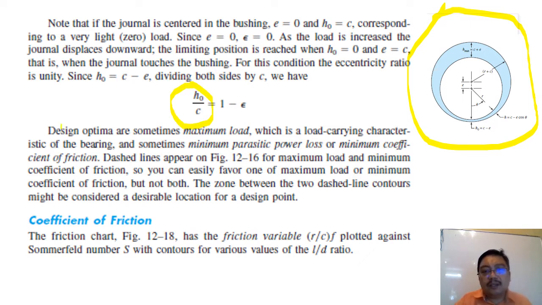Design optima are sometimes maximum load, which is the load characteristic of the bearing, sometimes minimum parasitic power loss or minimum coefficient of friction. Dash lines appear on figure 12.16 for maximum load and minimum coefficient of friction, so that you can easily favor one, maximum load or minimum coefficient of friction, but not both. You cannot choose both. So this slide talks about the dash line in the figure. This coefficient of friction chart, figure 12.18, we will see when we come to it.